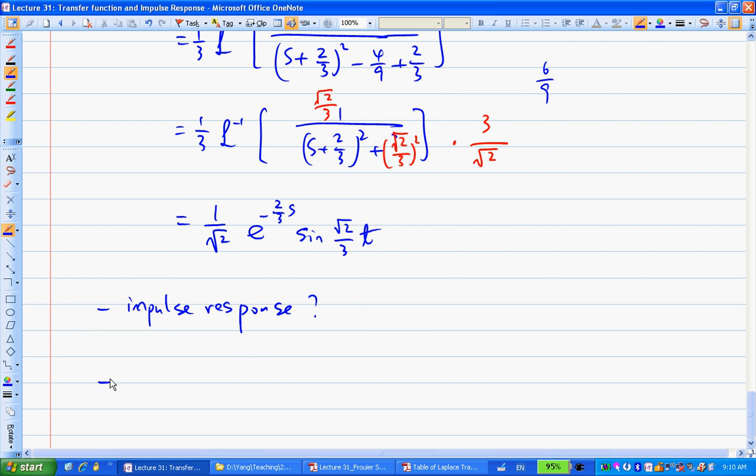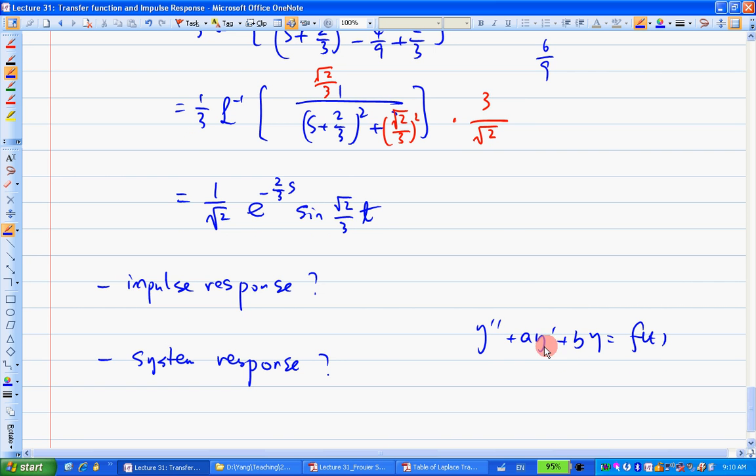And the other kind of question is, what's the system response? Now these two are not the same thing, all right? Not the same thing. So if you have y double prime plus a y prime plus b y equal to f of t, what's the impulse response?